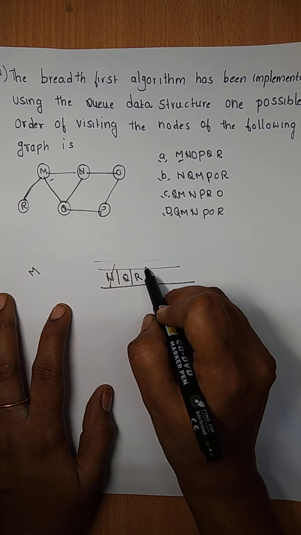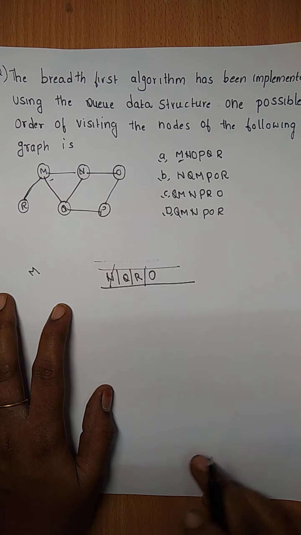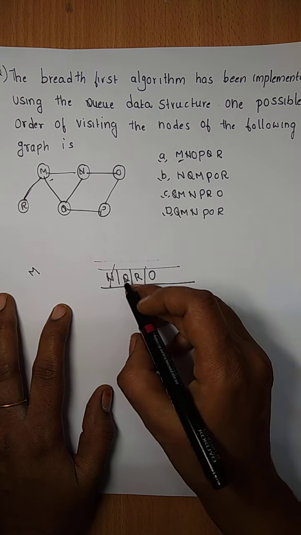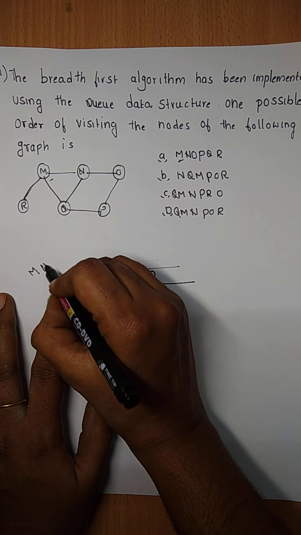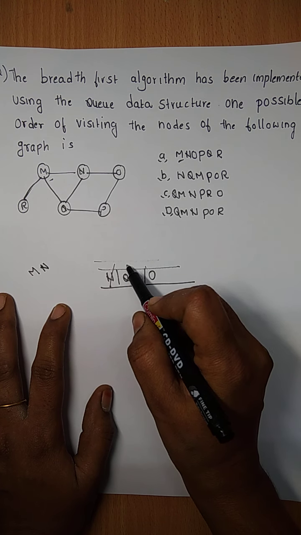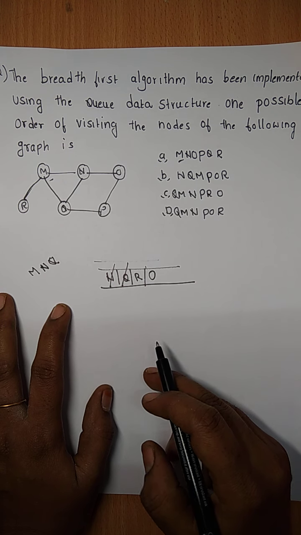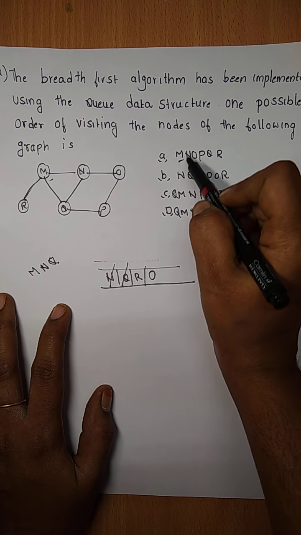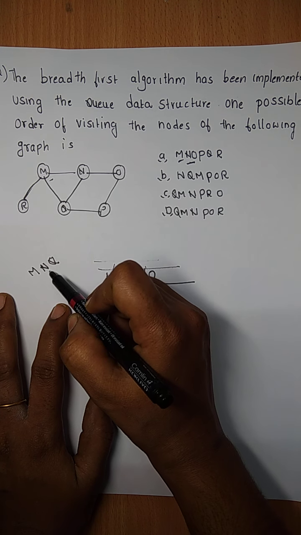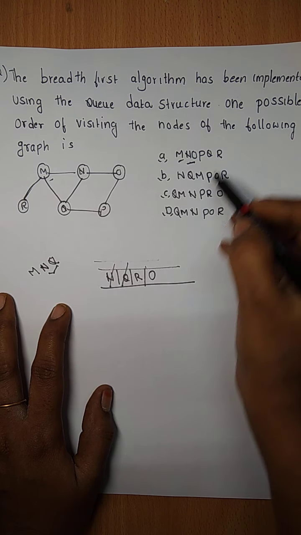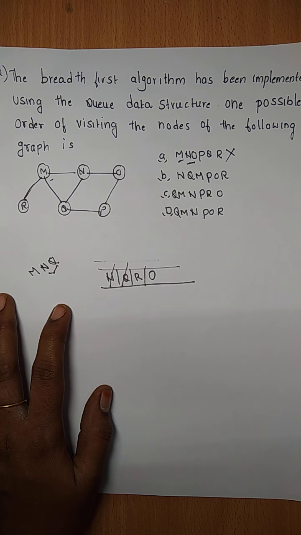Next, we have O. We visited N now. Now delete the element from the front of the queue, that is Q. In the given option they have given M and O, but we are getting M and Q. So remove the first option from our results.